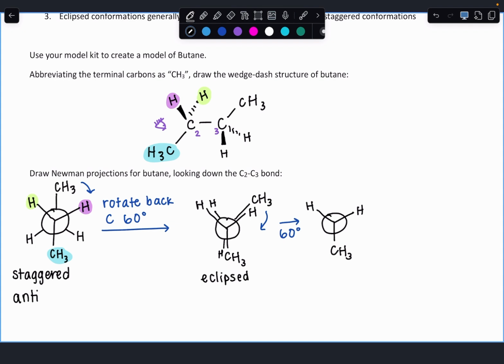Okay, so if we rotate the back carbon, let's see where we started. Started like this: eclipsed, front hydrogen, back CH3. Rotate 60 degrees, we get staggered again, where the two CH3s are now next to each other.